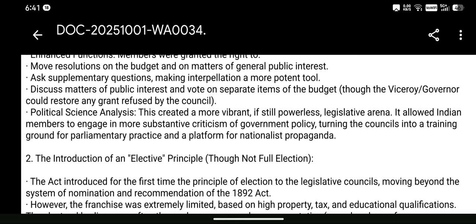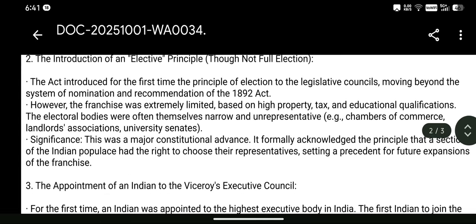The introduction of an elective principle, though not full election. The Act introduced for the first time the principle of election to the legislative councils, moving beyond the system of nomination and recommendation of the 1892 Act. However, the franchise was extremely limited, based on high property tax and educational qualifications.